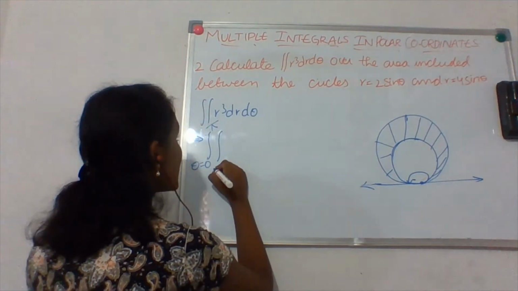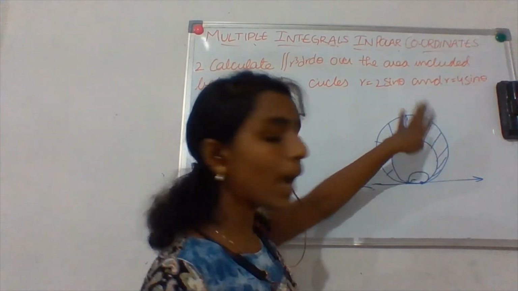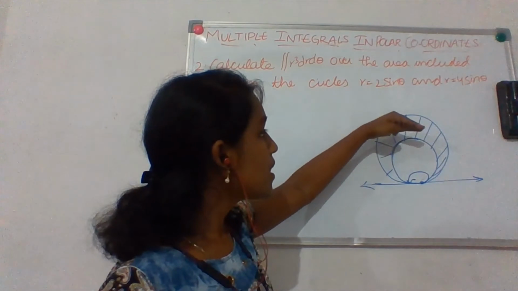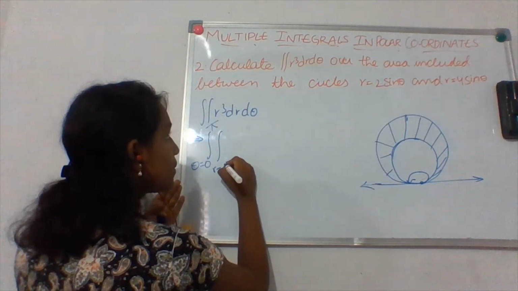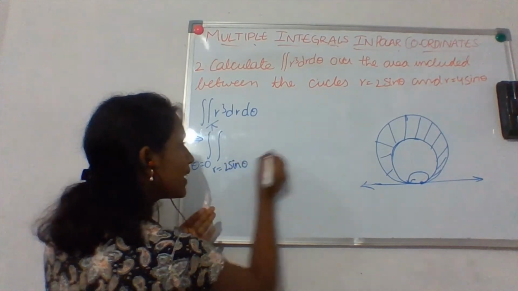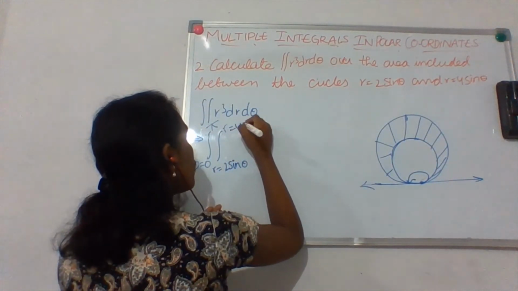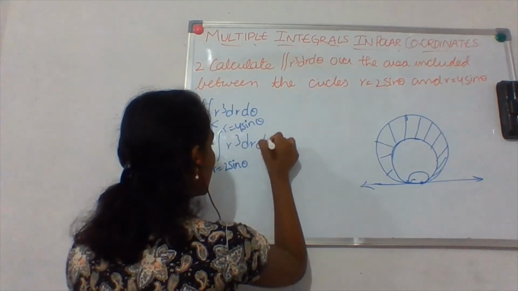Now r is equal to, you have these two curves, right? So you have to find the double integral only between these two curves. So this is the initial curve, this is the final curve. So r goes from 2 sin theta, that is from this curve, to this curve, that is r equals 4 sin theta, right? So r cube dr d theta.